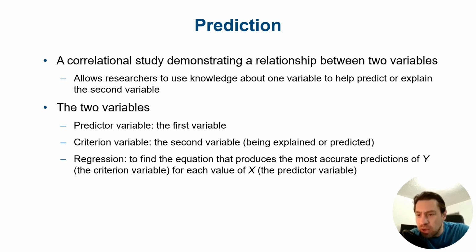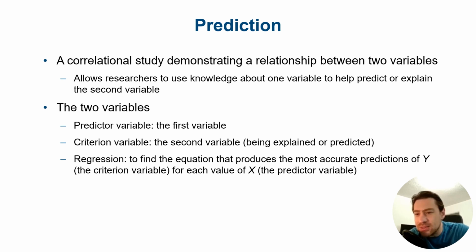So to summarize, if there's a relationship between two variables, then knowing the value of one allows you to predict the value of the other. And the accuracy of the prediction will be determined by the strength of the relationship.